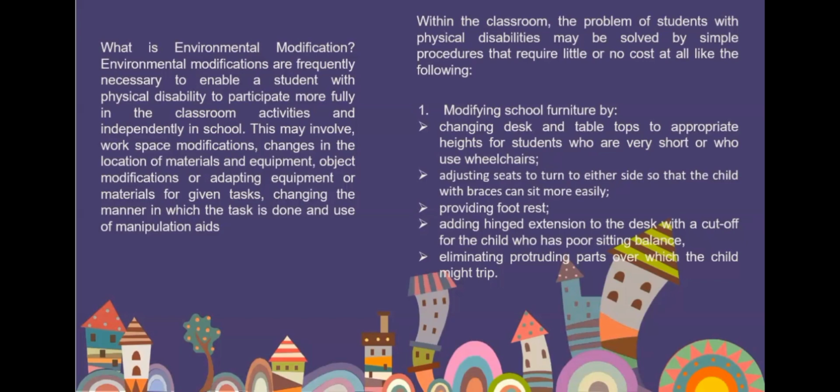Adjusting seats to turn to either side so that the child with braces can sit more easily, providing footrests, adding height extensions to desks with a cut-off for the child who has poor sitting balance, eliminating protruding parts over which the child might trip. And next slide.